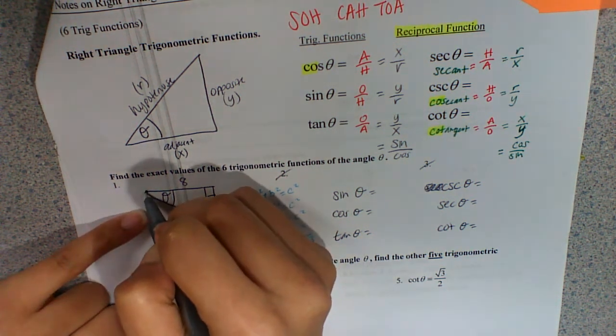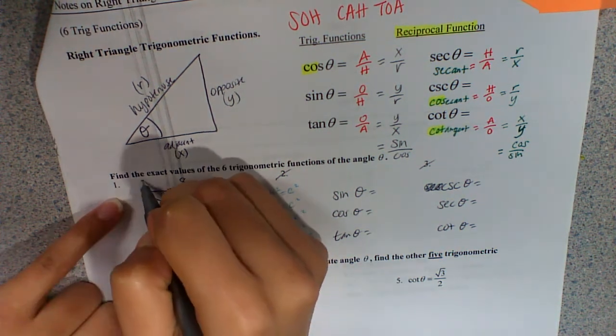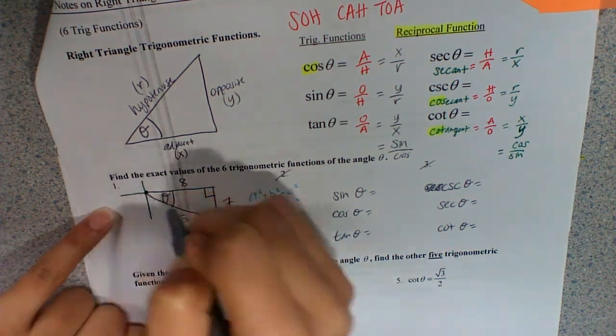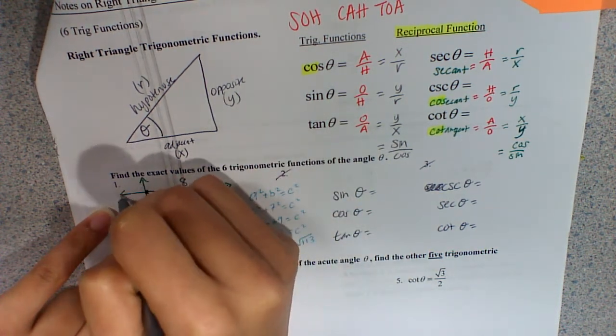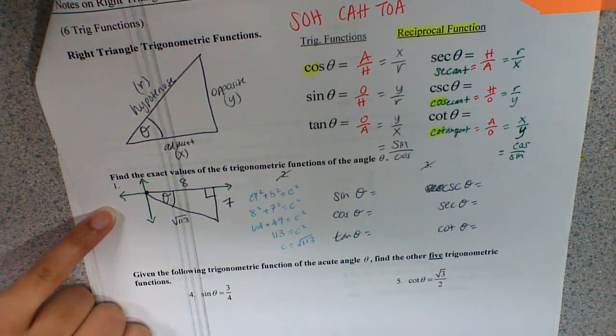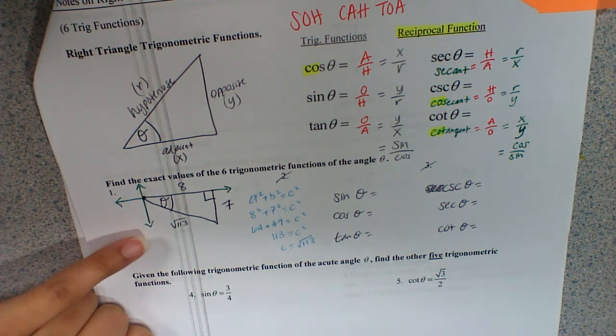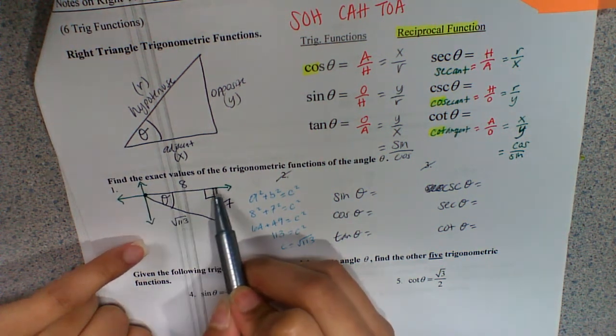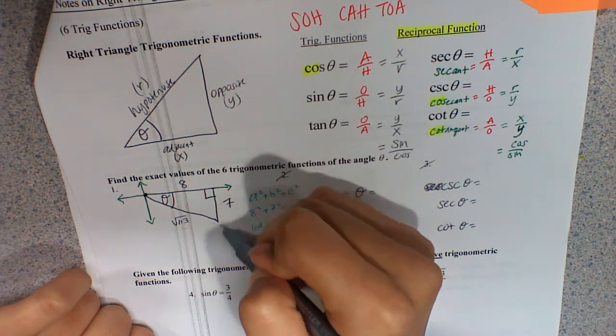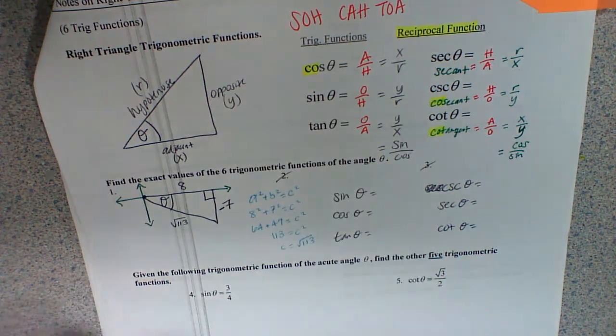So if this is the origin, let's actually figure out where this triangle is, because we can't just assume that everything is always in the first quadrant. So if we really put it into perspective, we're actually in the 4th quadrant. And if you think about the 4th quadrant, then hopefully you'll realize that x is positive, but y is not positive. Y is actually negative in the 4th quadrant.